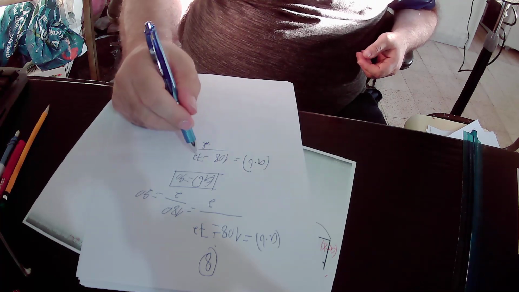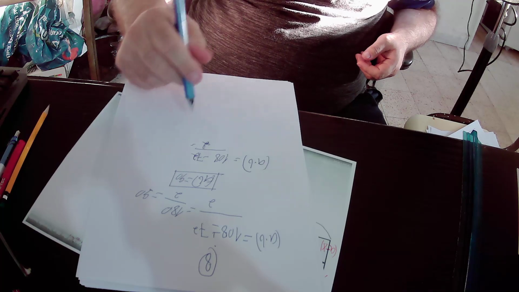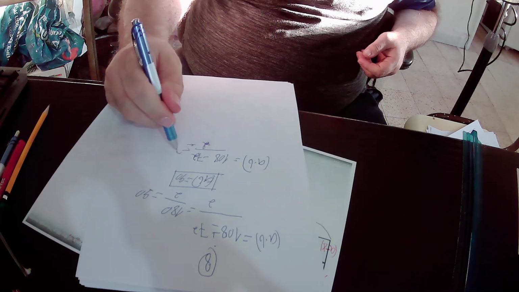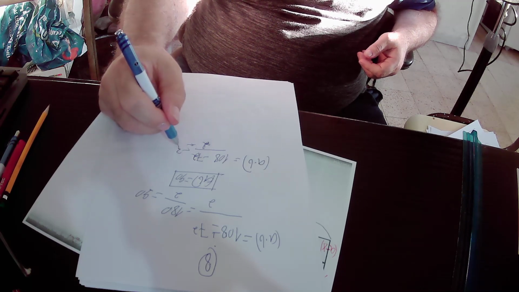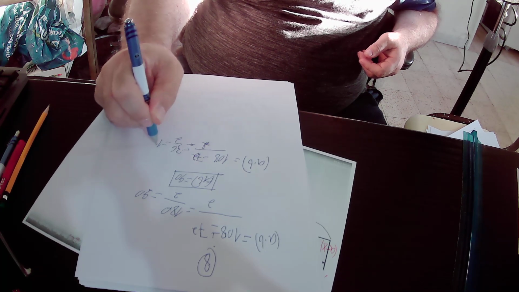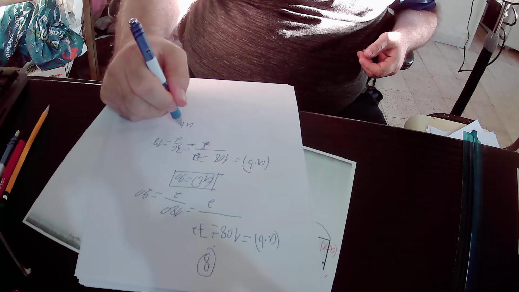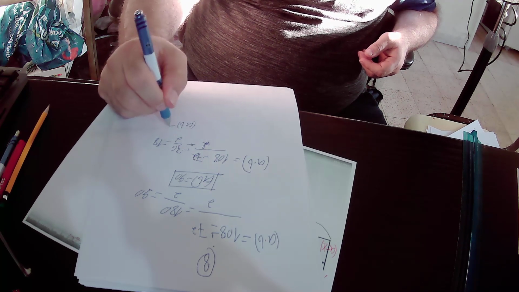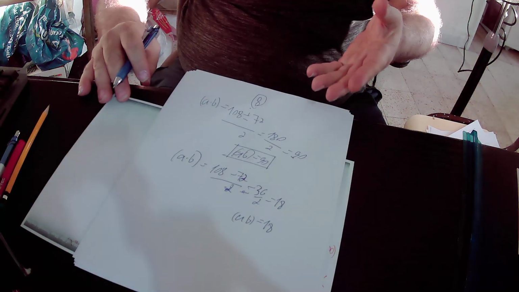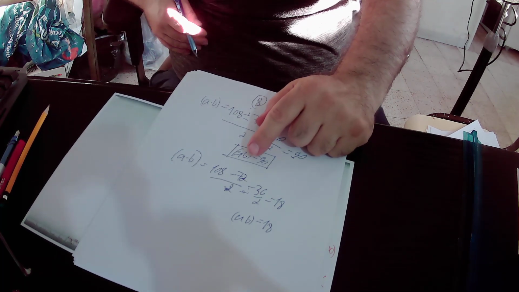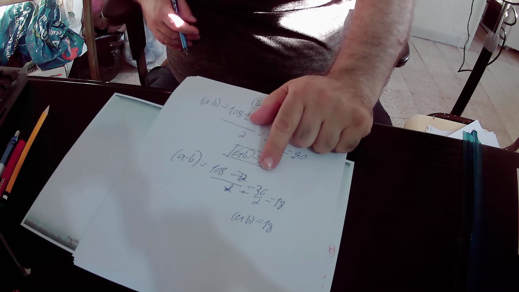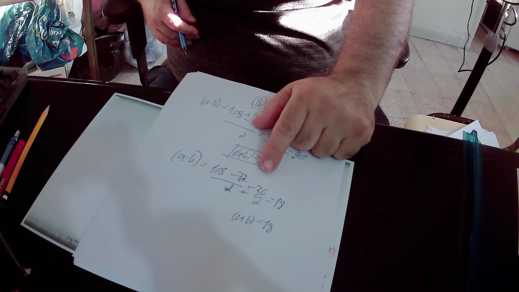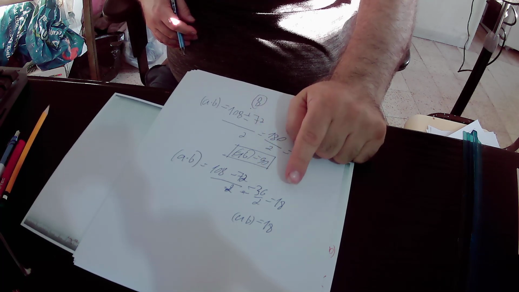So we have the second solution for ab, the second root of our quadratic equation: a times b equals 108 minus 72 divided by 2. 108 minus 72 equals 36, and 36 divided by 2 equals 18 units.